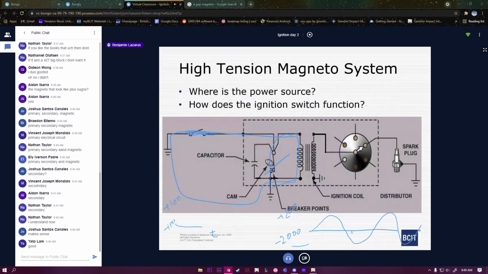I've got my system here, and I'm going to have an alternating current. Get rid of all that, not important. Okay, so I'm going to get myself a positive polarity spark here. I've got an alternating current. What's the next one going to be? Negative. Then the next one will be positive. Then the next one will be negative.